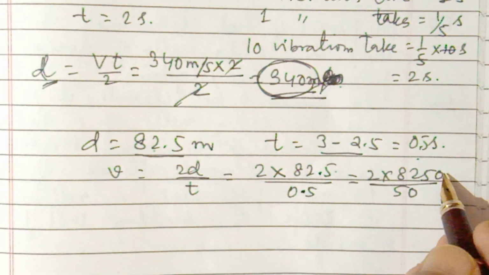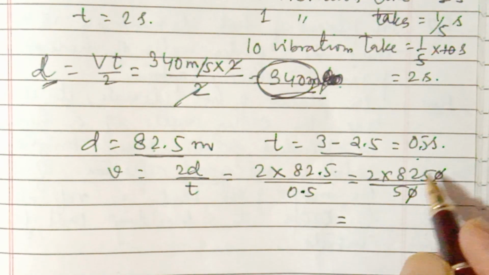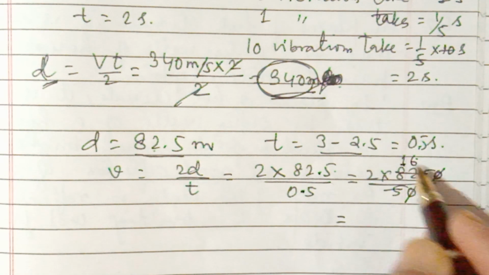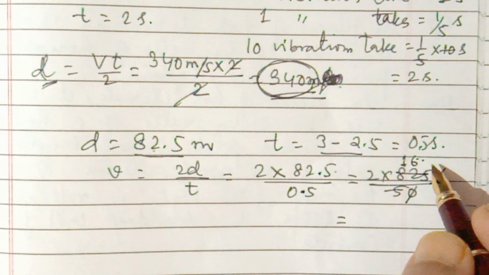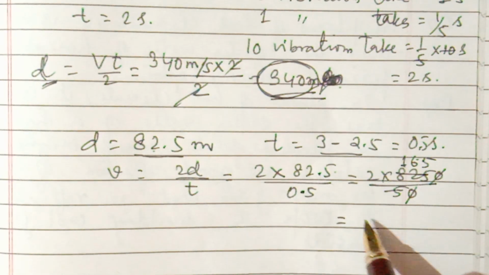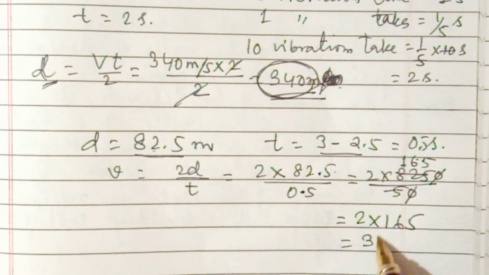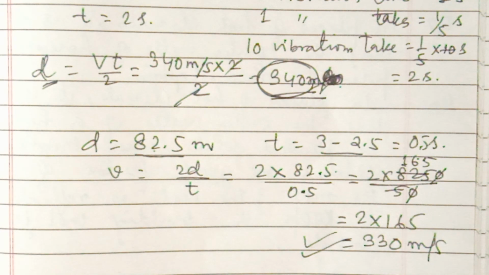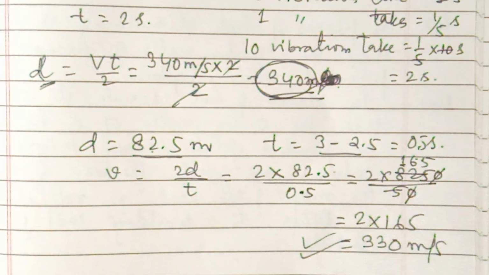So that way you can solve easily. Then 5 1s are 5, 5 6s are 30, 165. Then 2 into 165, that is 330 meter per second. So we are finding velocity. So this is the answer, 330 meter per second.